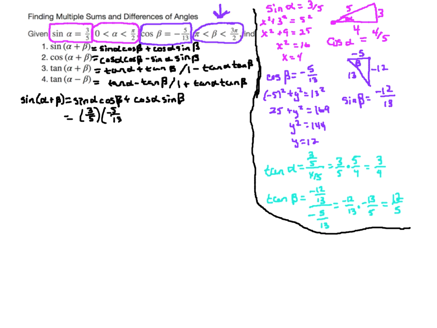Cosine beta is -5/13. Cosine alpha is 4/5. Sine beta is -12/13. Now it's just a matter of doing fraction-y math. So I multiply fractions straight across. This is -15/65 minus 48/65, and that gives me -63/65. Okay, there's sine of alpha plus beta.